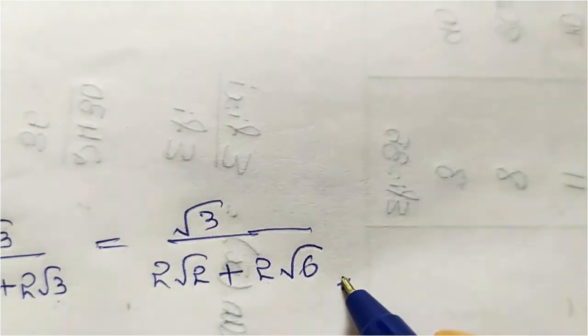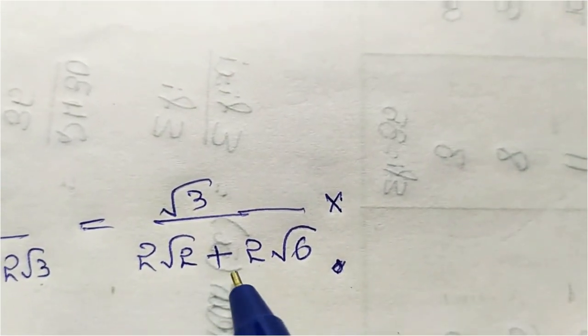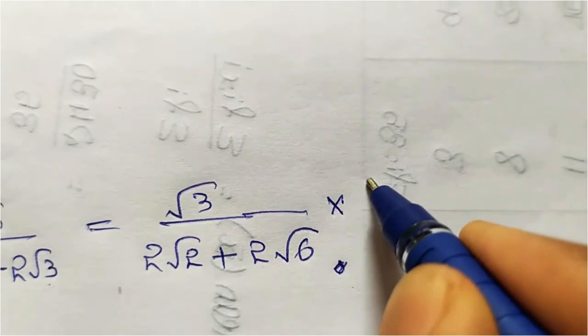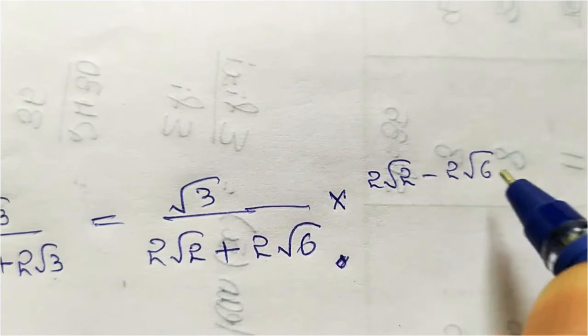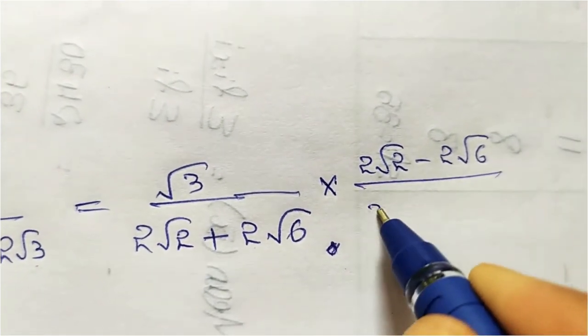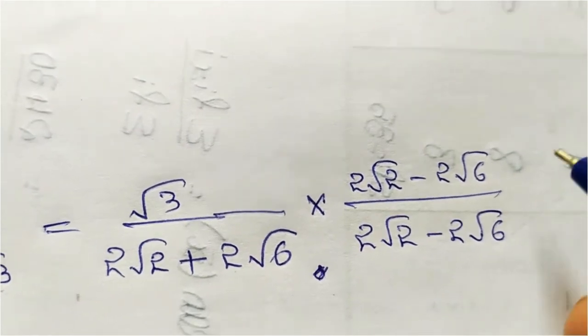But in your textbook they made it rationalization. Here 2 root 2 plus 2 root 6 is there, so I will multiply this by 2 root 2 minus 2 root 6 whole divided by 2 root 2 minus 2 root 6, okay.